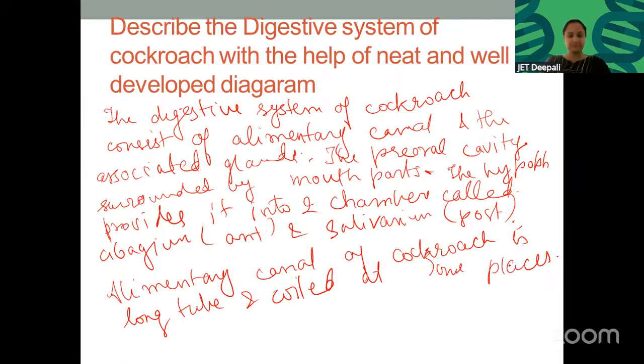It extends between the mouth and the anus. Between mouth and anus means the complete alimentary canal is there. It is divided into three regions, namely foregut or stomodeum, midgut or mesenteron, and hindgut. The foregut and hindgut are entirely lined by ectoderm. The mesenteron is lined by endodermal cells. Okay.